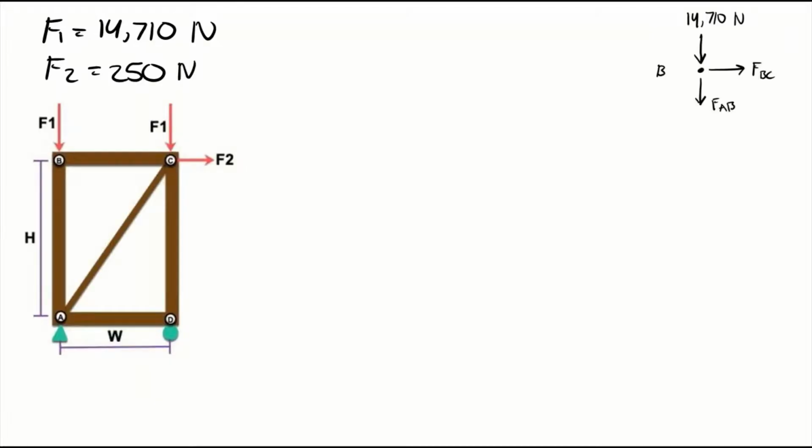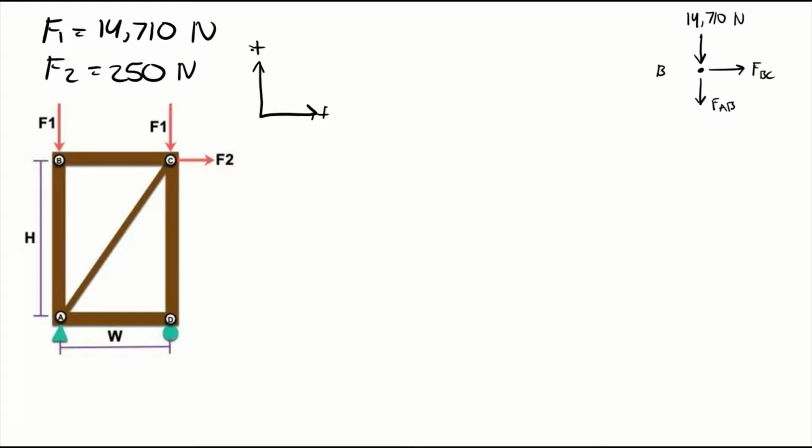So now that we have chosen joint B as the joint to start with, we can go ahead and find out what force F sub AB equals and what force F sub BC equals. First, let me remind you about the assumptions we make in terms of the direction of the forces. We assume that forces pointing up are positive and forces pointing to the right are positive.